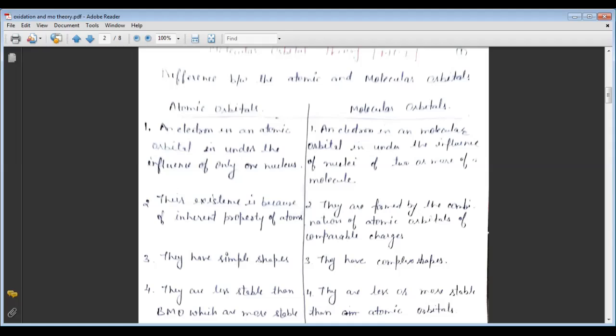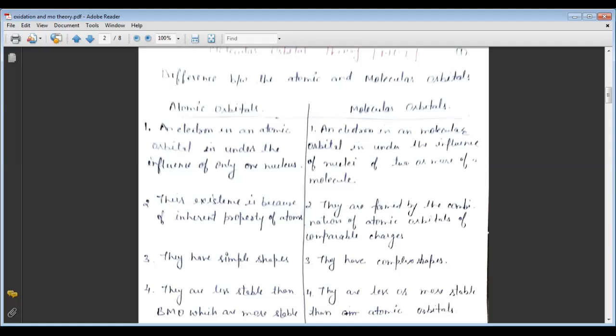First point: an electron in an atomic orbital is under the influence of only one nucleus, as we discussed. In a molecular orbital, the electron is under the influence of the nuclei of two or more atoms.